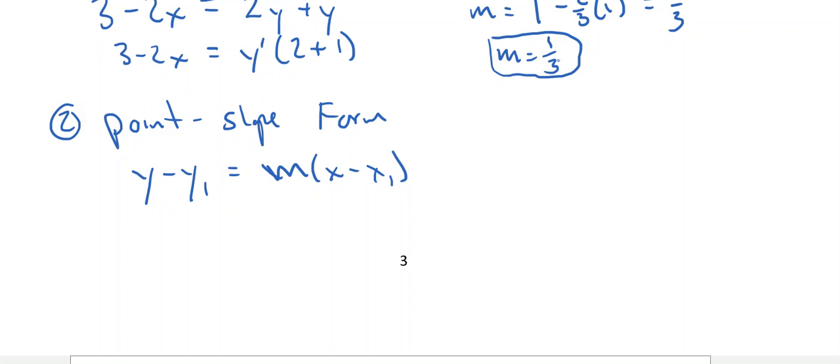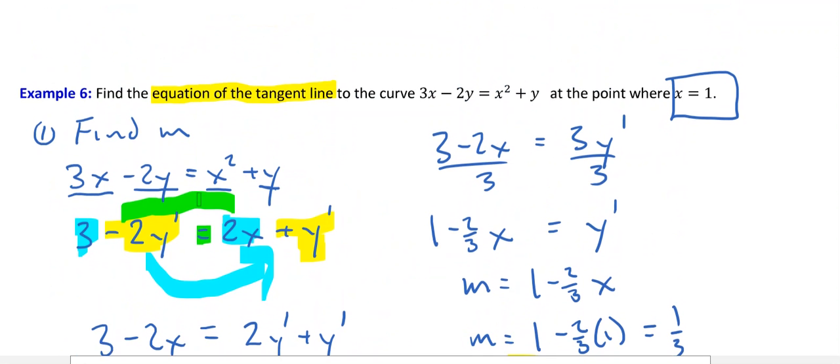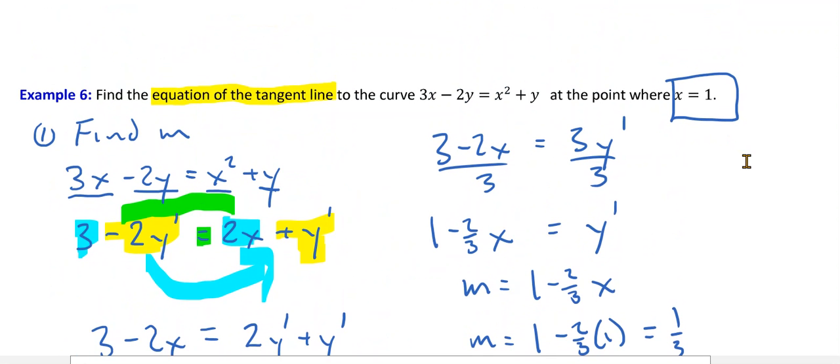So we have our slope 1/3, and the 1/3 can be popped in here for m. We know what x is. It was 1, but we don't know what y is. So what we have to do is go back to our original function and evaluate this function at 1. Take the original function and let x be equal to 1.